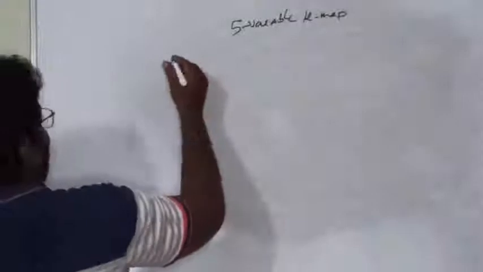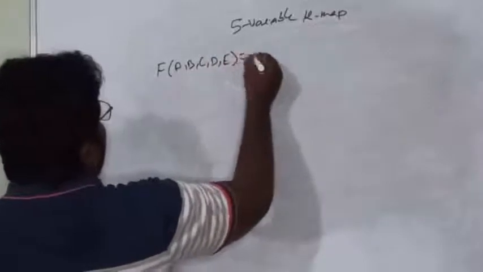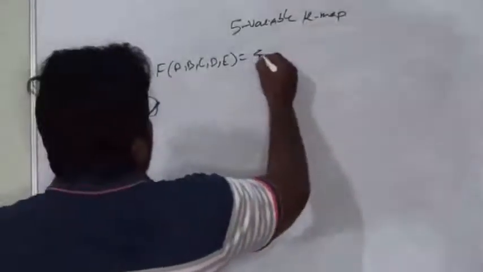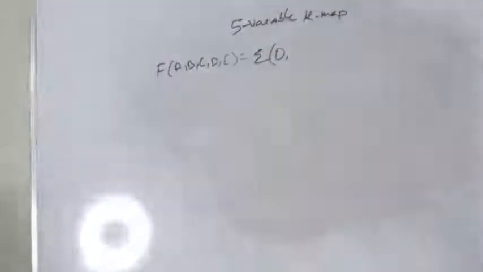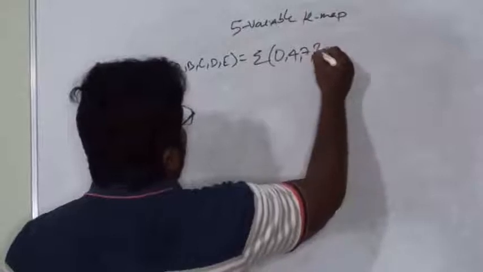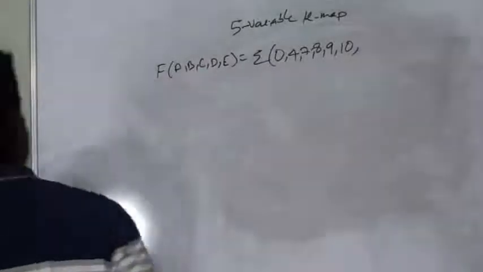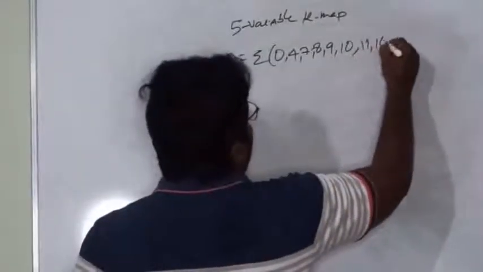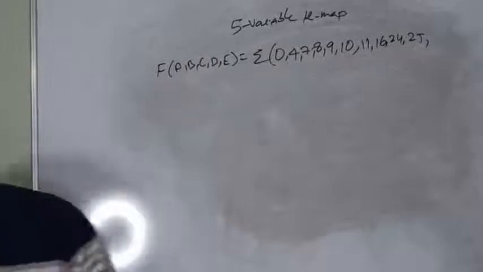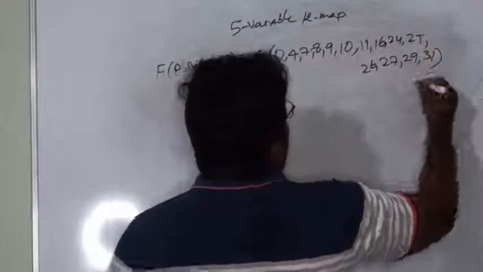So that is f of A comma B comma C comma D comma E is equals to summation of 0, 4, 7, 8, 9, 10, 11, 16, 24, 25, 26, 27, 29 and 31.